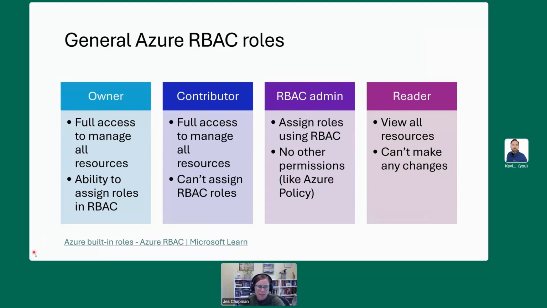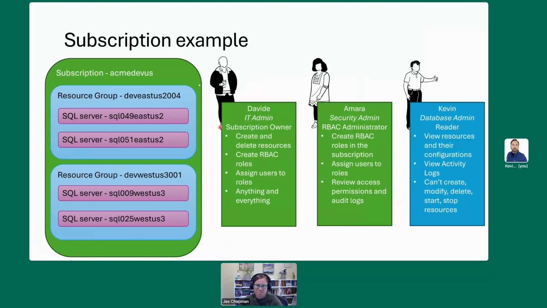So let's take a look at what this might look like in reality. Let's say that we work for the Acme Resource Company, and we have set up our first Azure subscription for our development environment, and it's called Acme Dev US.